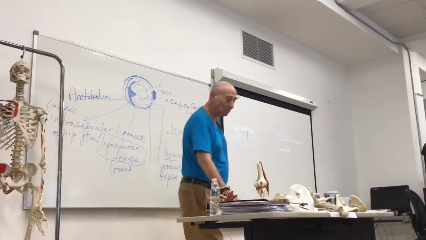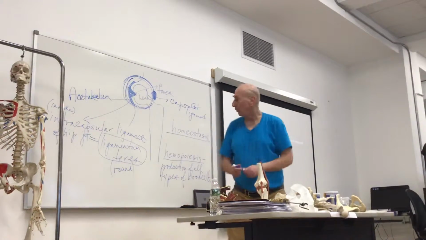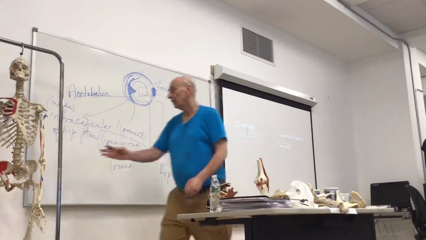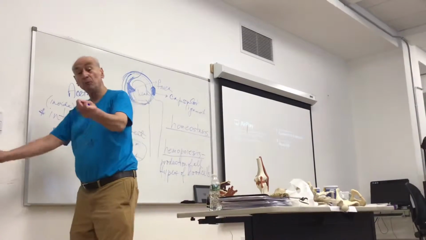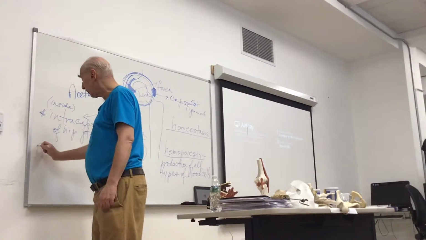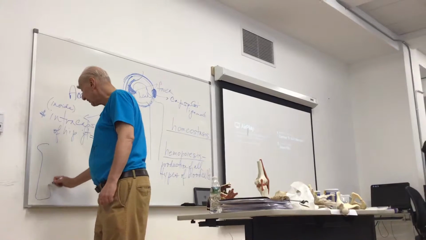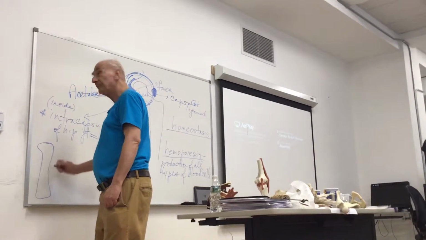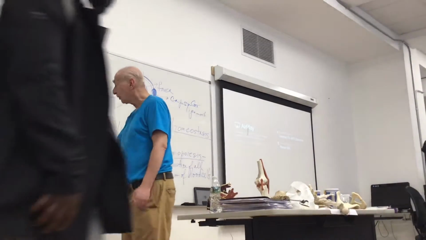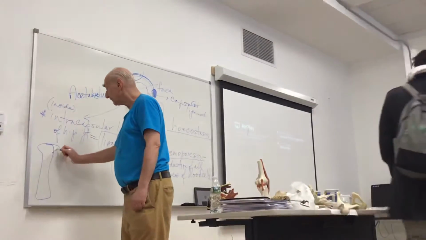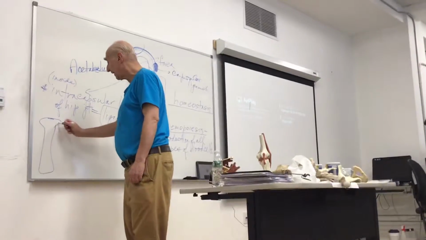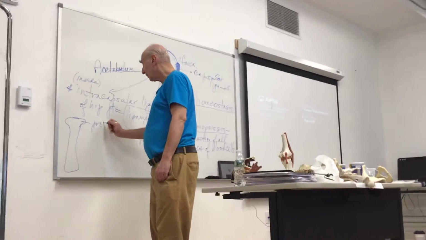And then long bones by shape. All long bones, whether they're very large or tiny, have 2 epiphyses and a diaphysis. I didn't draw this so great, but all long bones have a proximal epiphysis, a shaft, and a distal epiphysis.